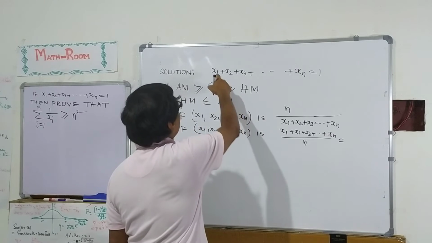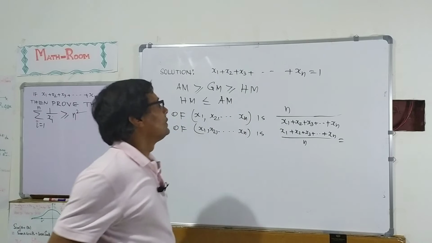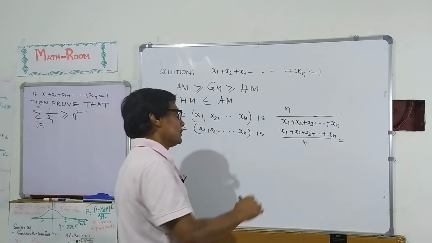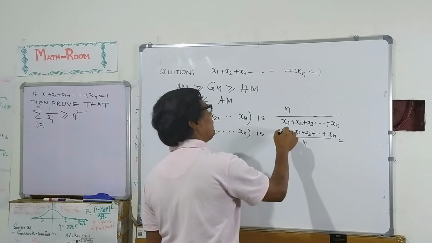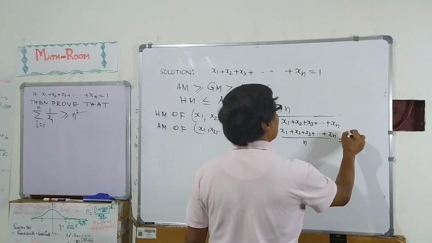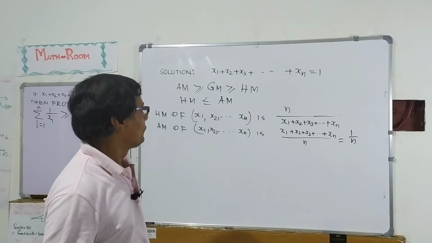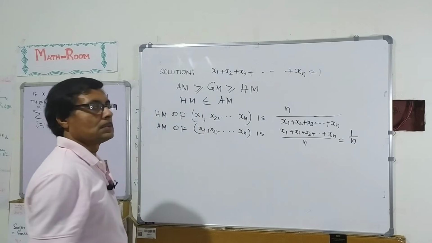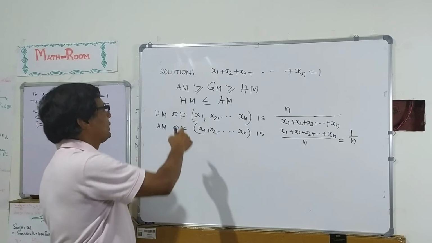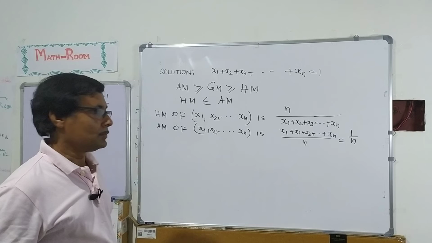This is given, that is, x1 plus x2 plus x3 ... plus xn equal to 1. We can put the value of this summation in this arithmetic mean, and we get 1 over n. This is the value of the arithmetic mean. So we can apply this inequality, which is harmonic mean less than or equal to arithmetic mean.